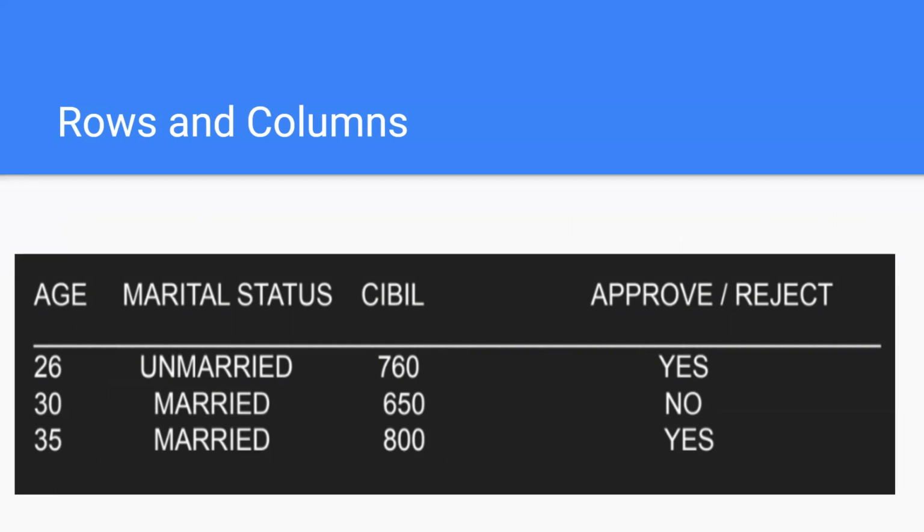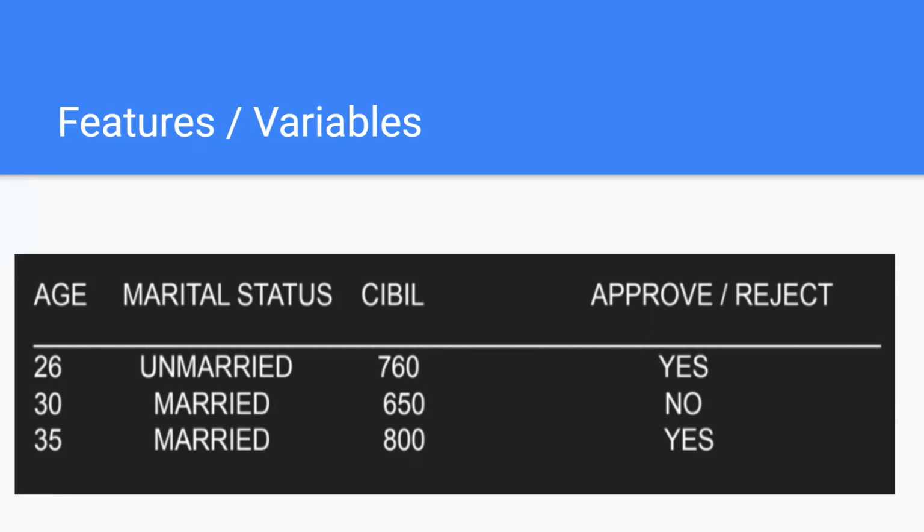For example, if you see here 26, unmarried, 760 and yes, these horizontal observations are called rows, whereas vertical observations are called columns. In data science terminology, they are called rows and columns. But let's be professional. We'll talk about some professional terminology as well.